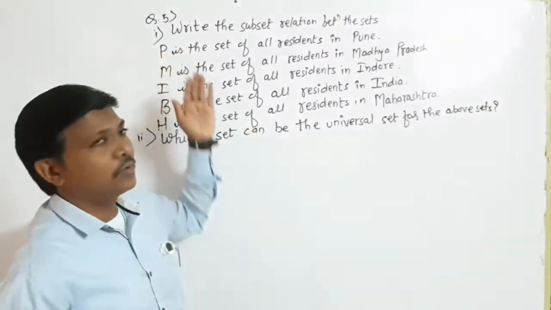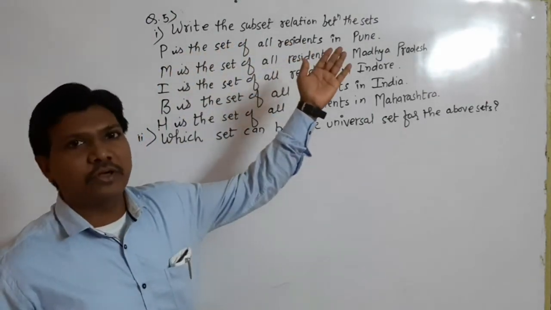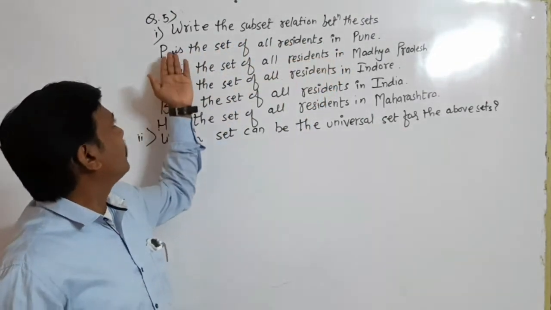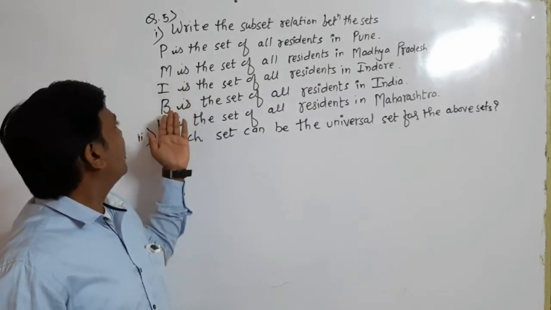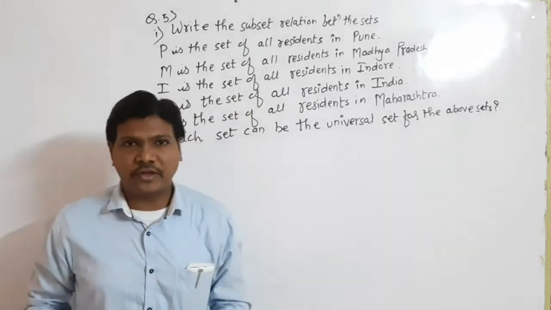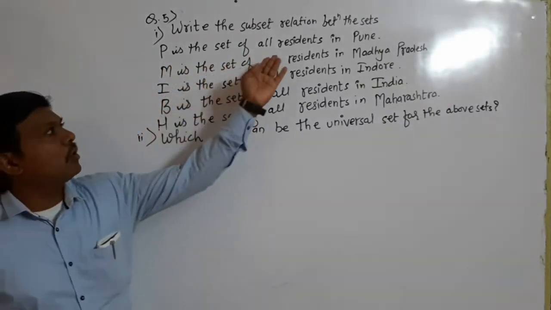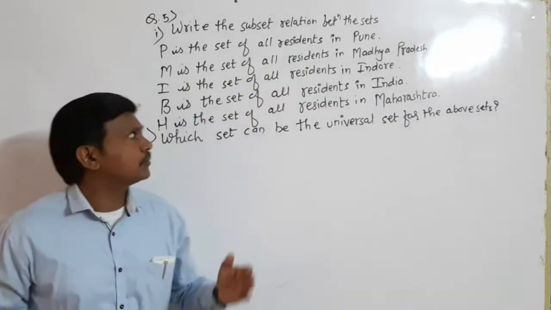Let's see question number 5. The question is to write the subset relation between the sets. Here P, M, I, B, H are some sets. So first see this P. P is the set of all residents in Pune.